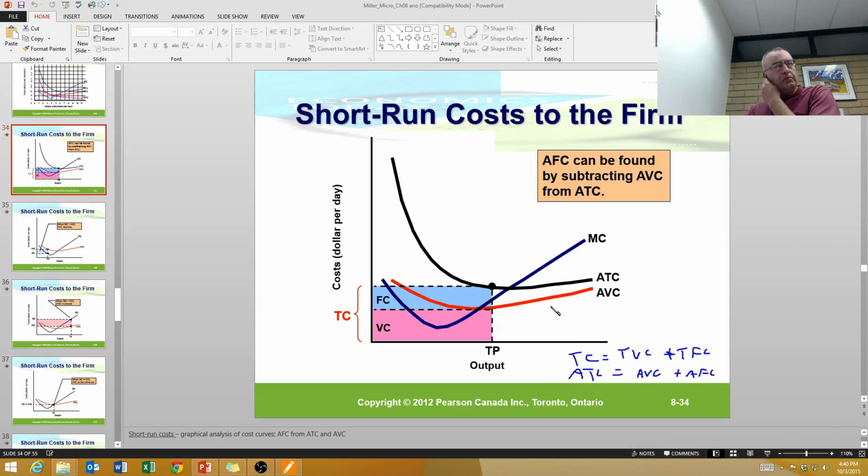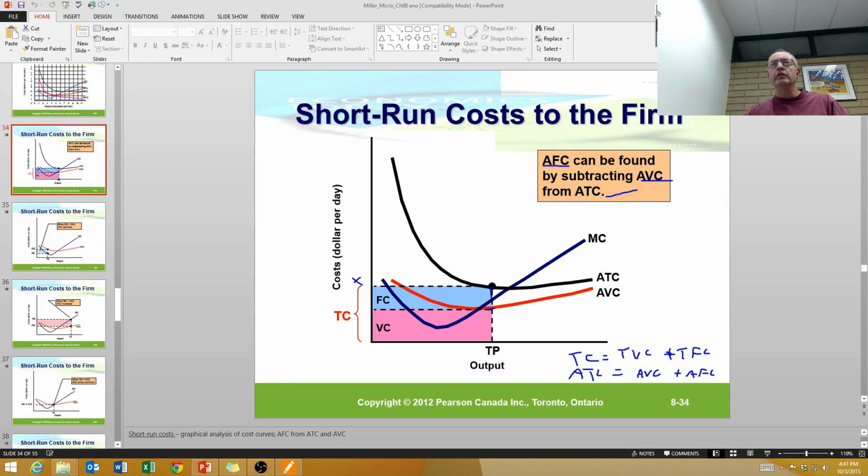So we can simply calculate the average fixed cost amount by subtracting the average variable cost from the average total cost. That's what it's trying to show. So at this point here, average total cost is X, and when we subtract the average variable cost at that point, the difference between the two is the average fixed cost per unit.